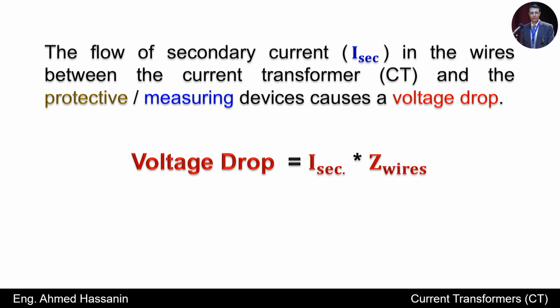So, when we use a current transformer of a secondary current 1 ampere, this means that the voltage drop equals 1 ampere multiplied by the resistance of these wires. Also, when we use a current transformer of a secondary current 5 amperes, this means that the voltage drop equals 5 amperes multiplied by the resistance of these wires.